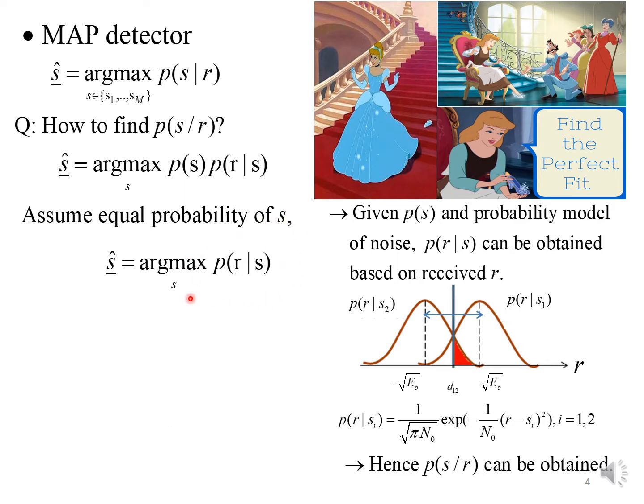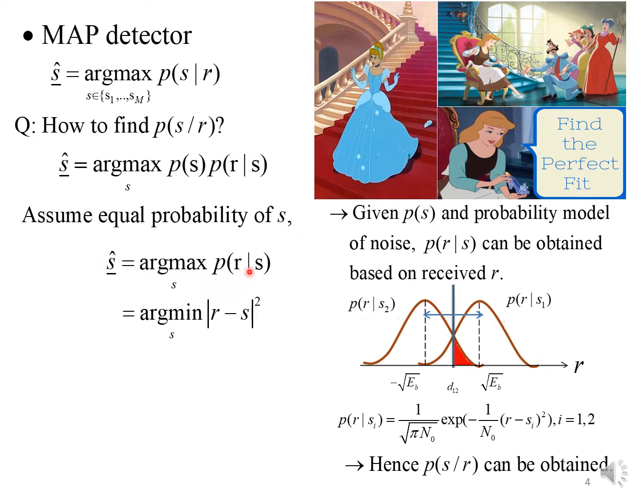This is the likelihood function. So we have changed to the likelihood function of the conditional probability. As we mentioned last time, this is called the maximum likelihood detection.